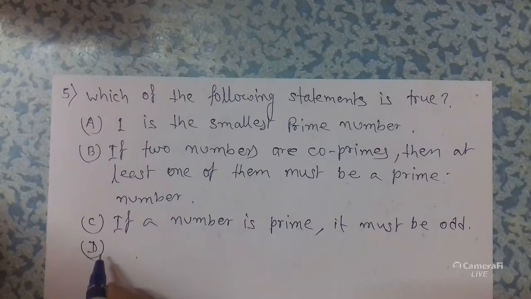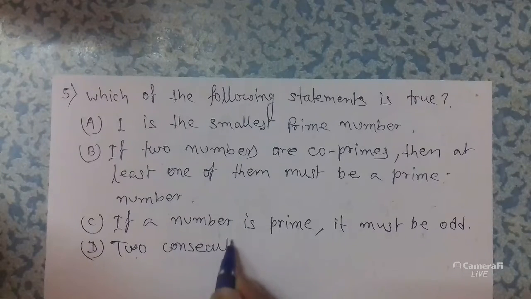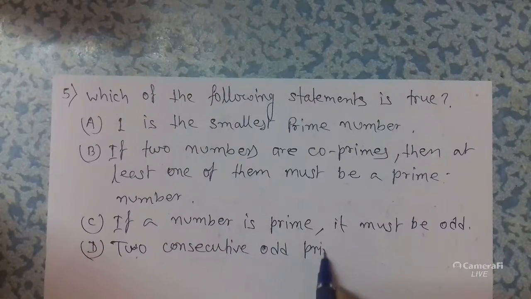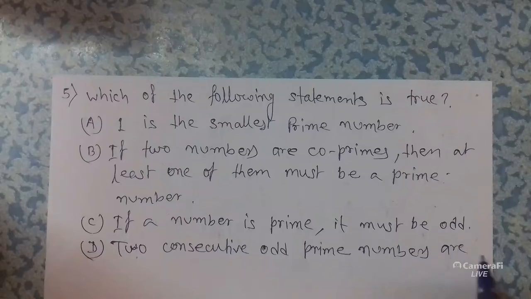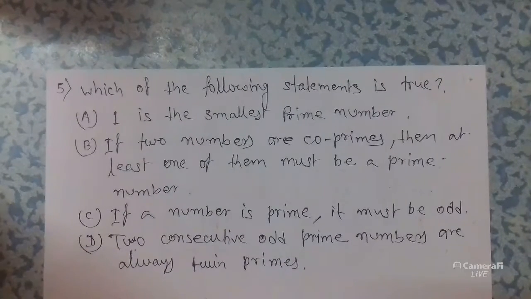And option D, two consecutive odd prime numbers are always twin primes. Okay. Now let's check which option is true.